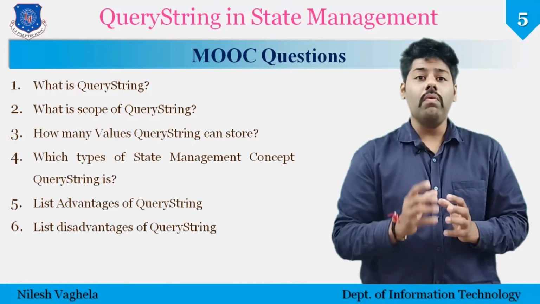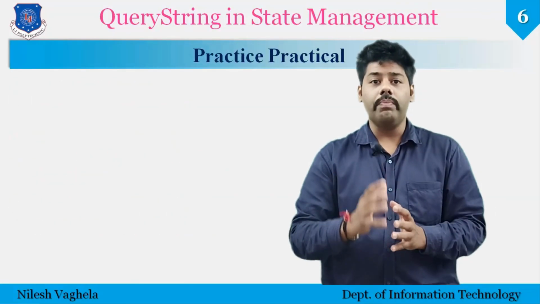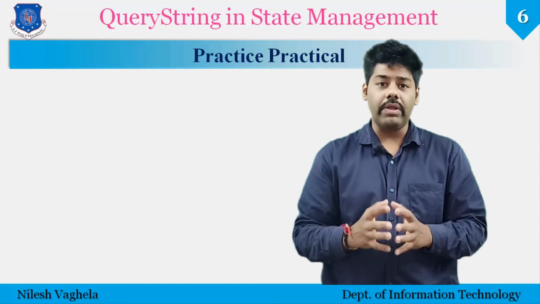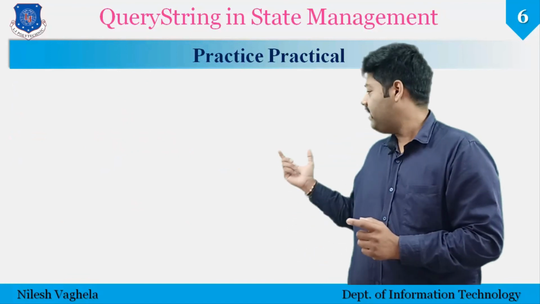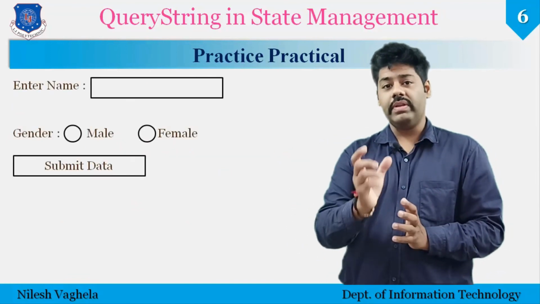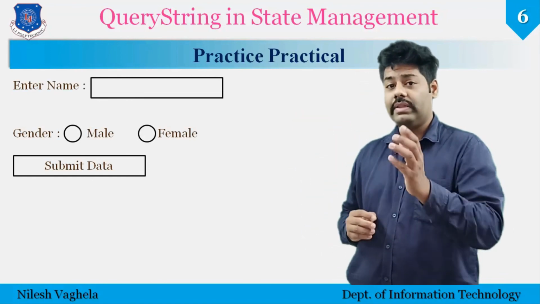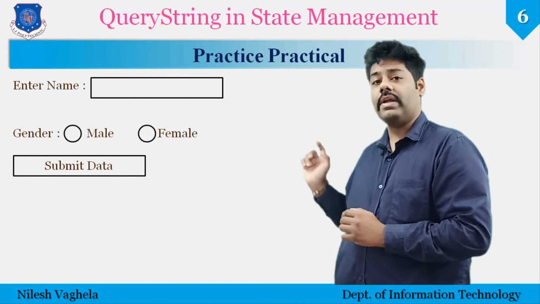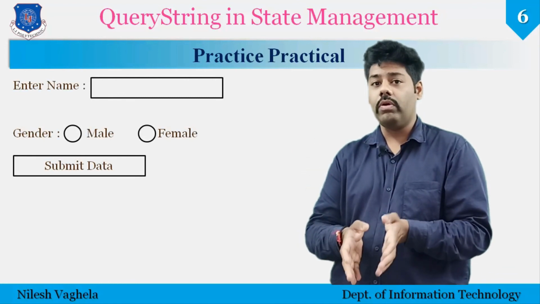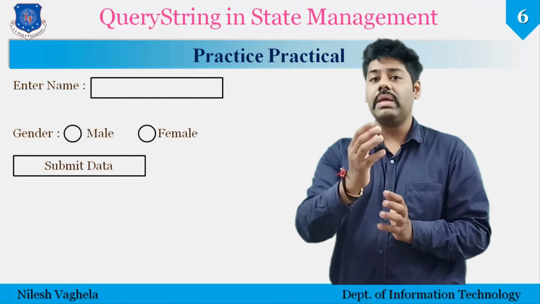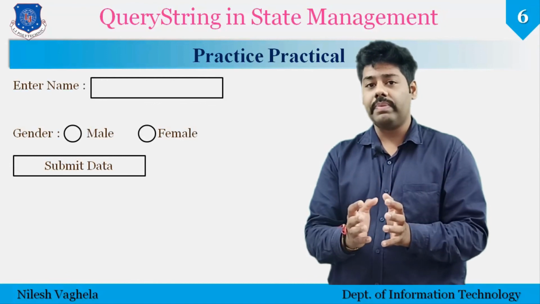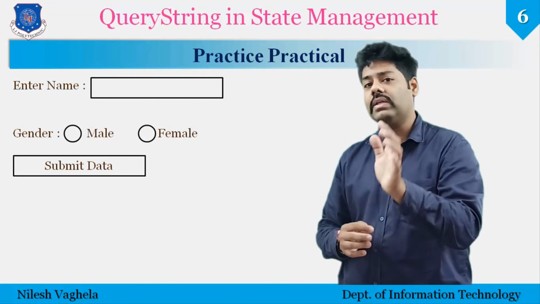And I am giving you one practical. I hope you will perform that practical on your own. So we have a text box with the caption name, where the user will enter a name as listed. Then after that we have a gender. In this particular video we have seen two text boxes. Now I am giving you a practical or practice paper where we will see another control.